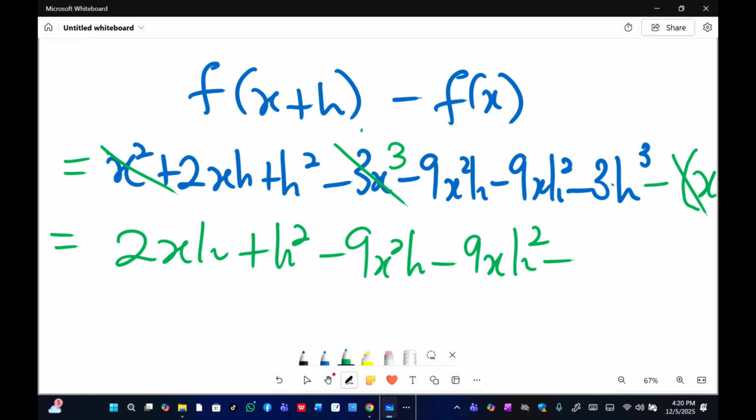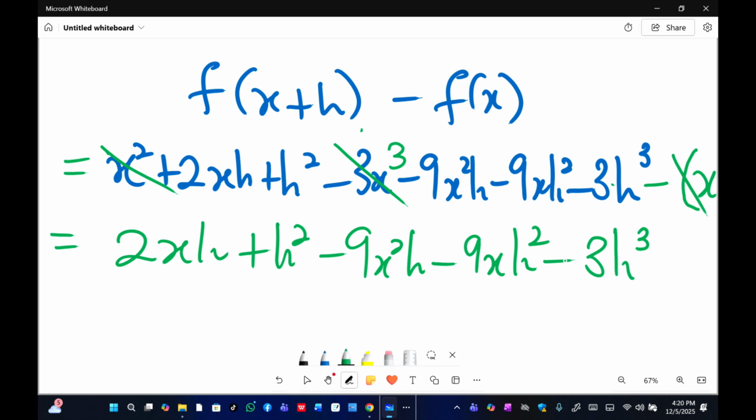squared minus 3h cubed. So this is the difference between the f of x plus h and the f of x. So this becomes the result for the numerator in the formula. So we are going to replace the f of x plus h minus the f of x with what we have gotten here. All right.